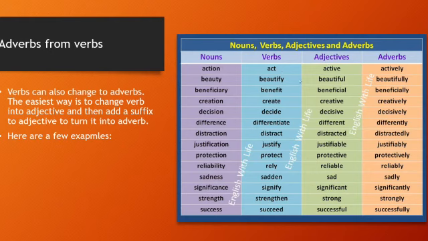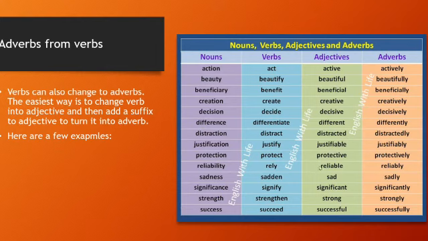Beauty, beautify, beautiful and beautifully. Beneficiary, benefit, beneficial and beneficially. Creation, create, creative, creatively. Decision, decide, decisive, decisively. Difference, differentiate, different, differently. Distraction, distract, distracted, distractedly. Justification, justify, justifiable, justifiably. Protection, protect, protective, protectively.